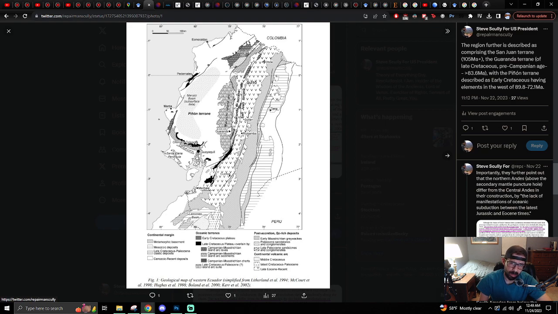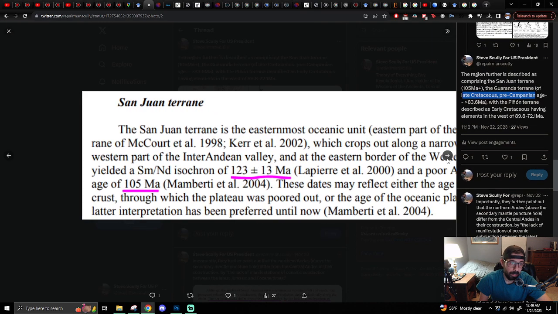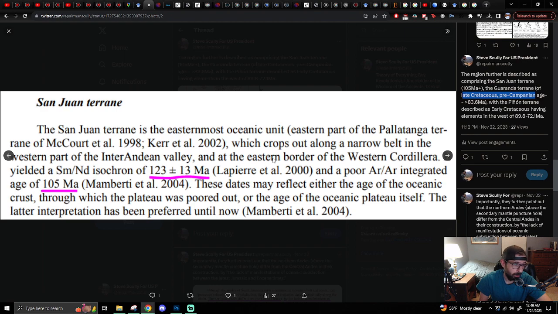I think they just said something like similar to late Cretaceous pre-Campanian, and these are the dates that I found for those periods that they wrote more explicitly, which maybe is actually here. So here's the San Juan terrain.